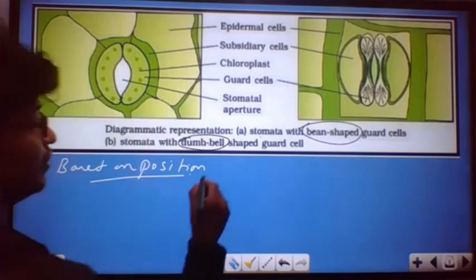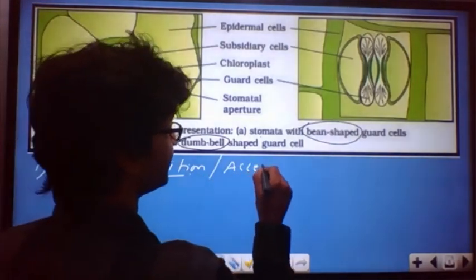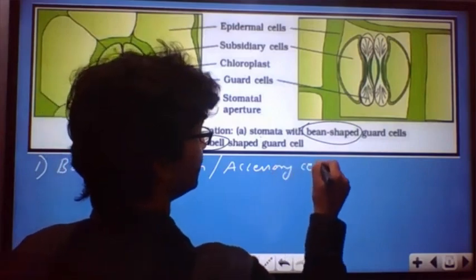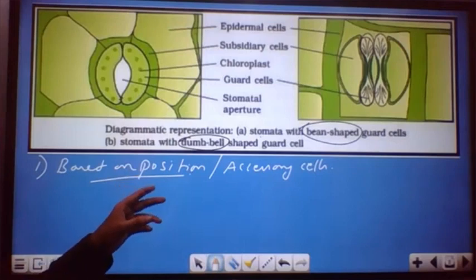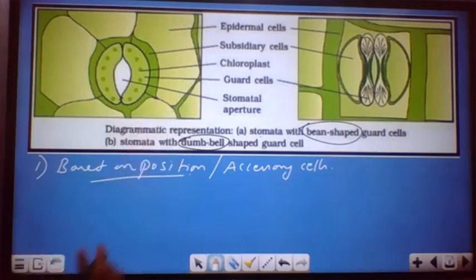Based on their position and the accessory cells, stomata can be classified into four types.